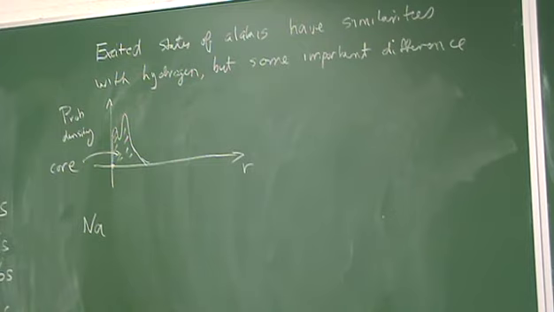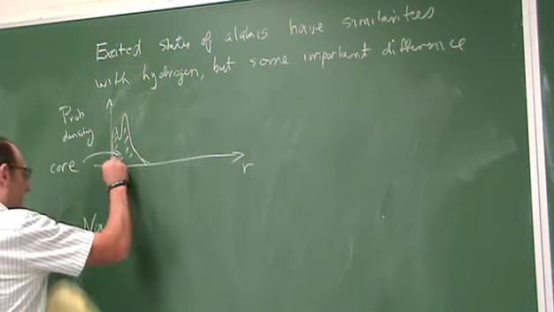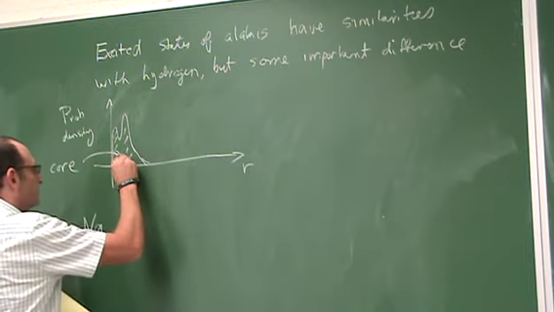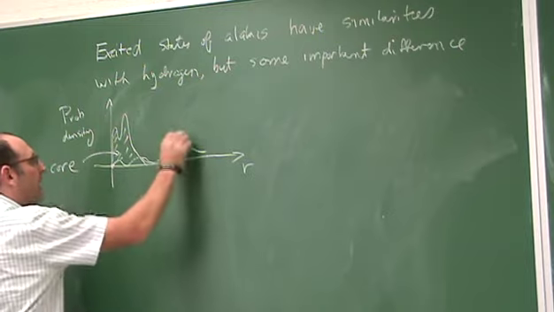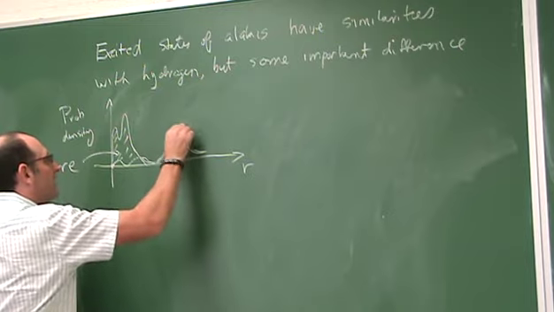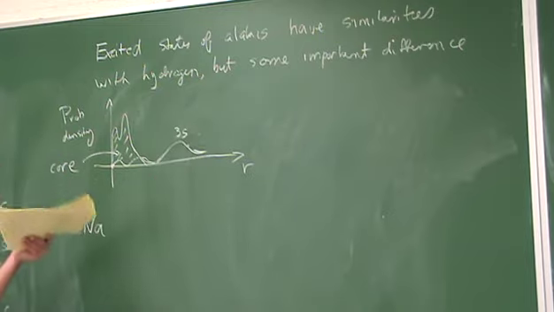So if L is 0 and the principal quantum number is 3, that has 2 radial nodes. So it looks kind of like this. This is my 3s orbital on top of the core.